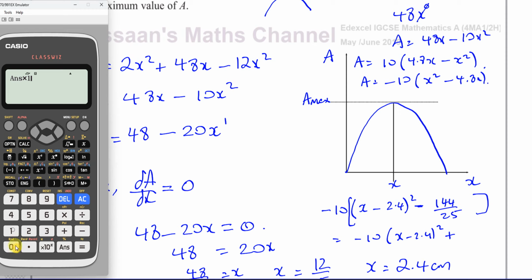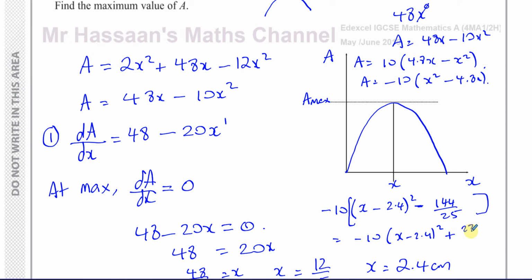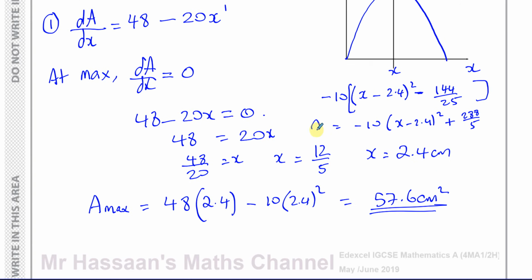If I multiply this by 10, that gives me 288 over 5, which is exactly the same as we got for our answer. So we say the area therefore is 288 over 5 minus 10 times x minus 2.4 squared.